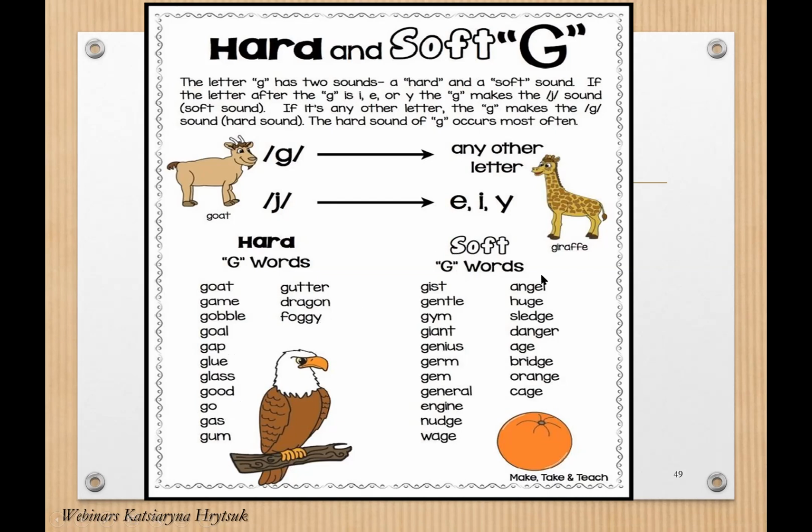Sophia, soft G. So we read it as J. Let's go. Gym. No, it's not just. It's like an I in a closed syllable. It's E. Gist. Yes, gist, gentle, gym. It's Jane. E also, gym.